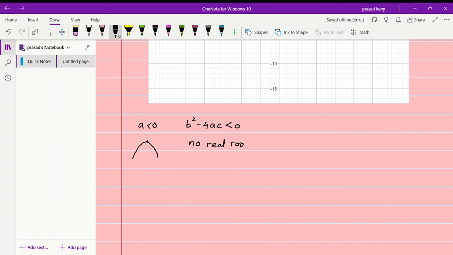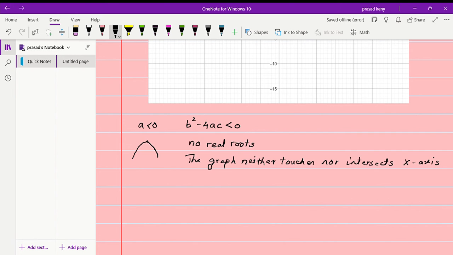So again that will mean the graph neither touches nor intersects x-axis.